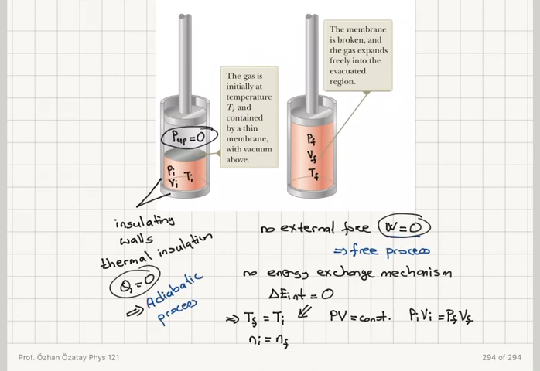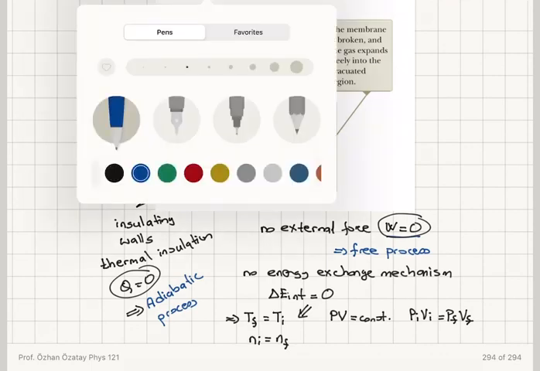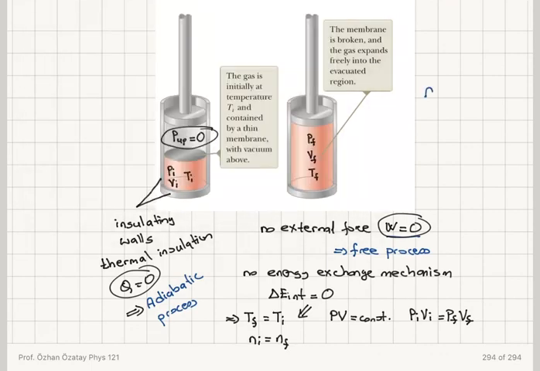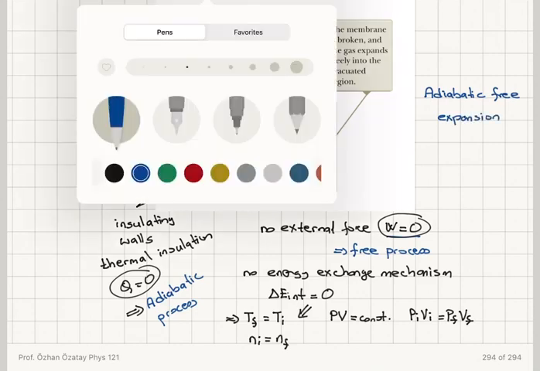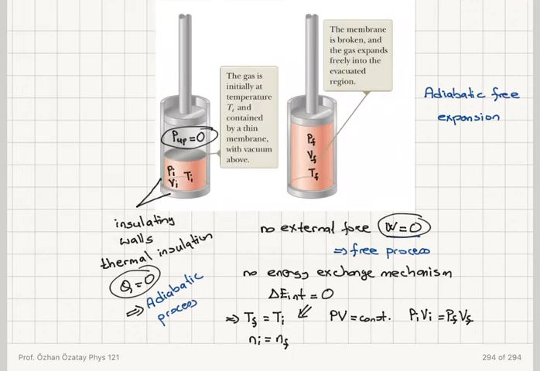So as a summary, this is going to be called an adiabatic free expansion of an ideal gas, and that implies the following things.